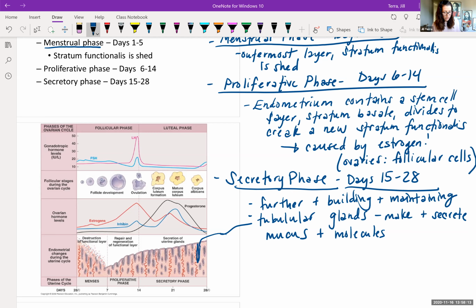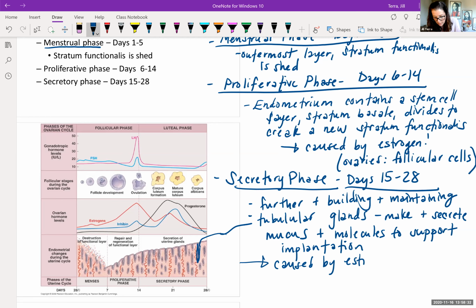that help to support implantation. And this is caused by both estrogen and progesterone.